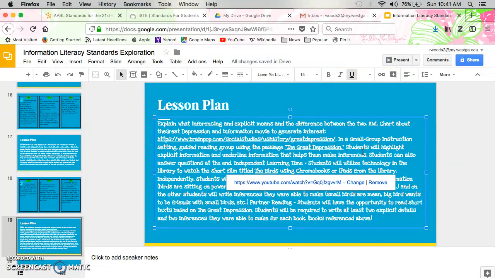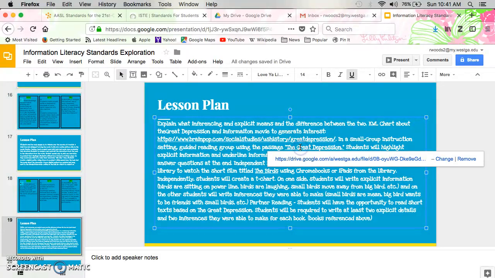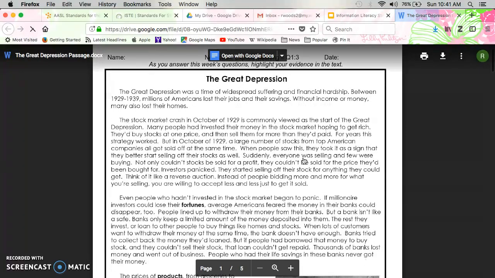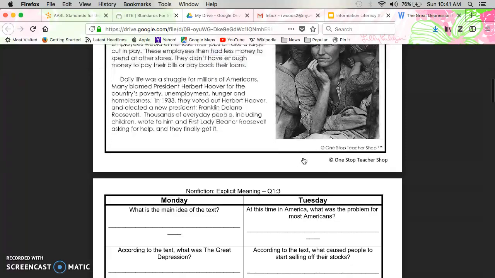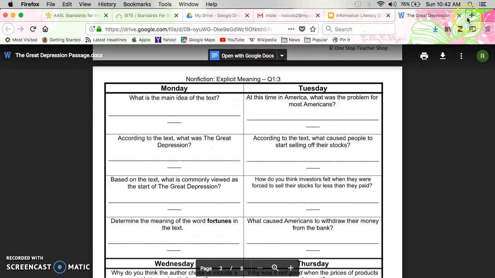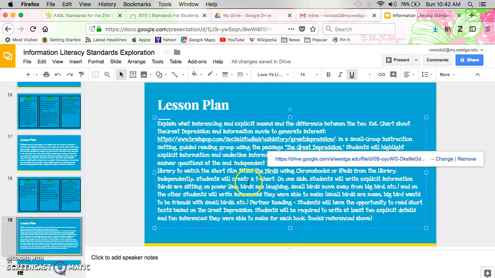I broke the class down into small group instruction, and I've got one group doing a guided reading on this particular reading passage, a short informational text about the Great Depression. It also had comprehension questions linked to it. I had students highlight information that helped them make inferences. Students also answer questions at the end.